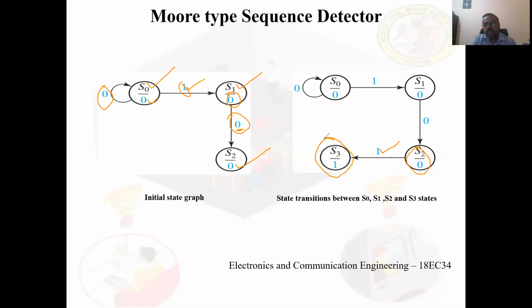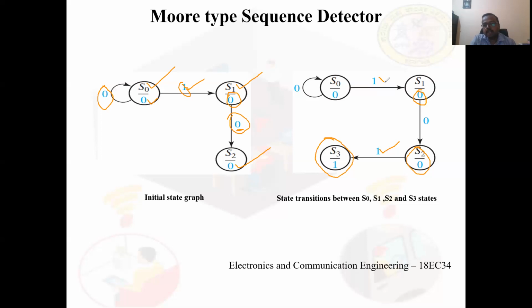If you compare this state graph for the Moore model with the Mealy model, in the Mealy model, when the received input is 1, it was going to the state S1 there. But here it will go to the state S3. Why does it have to go to a new state? Because we have written the output as 0 here, right?